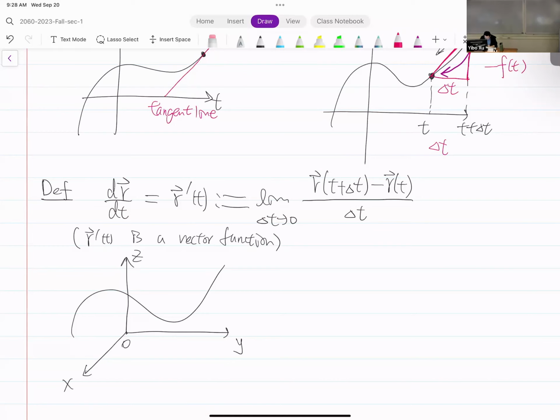Let me put it here. So this is r of t. This is the vector output that we have when your input is t. And now if you change the input, then you'll be ending up with another vector somewhere right here. So this is your r of t plus delta t.